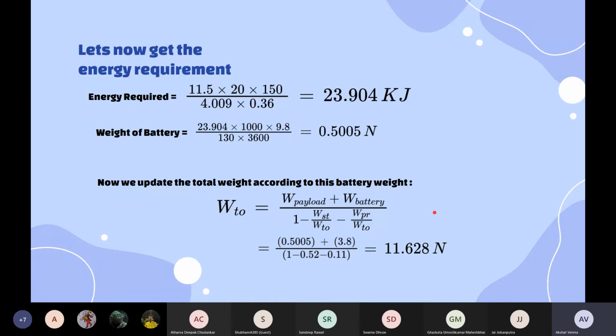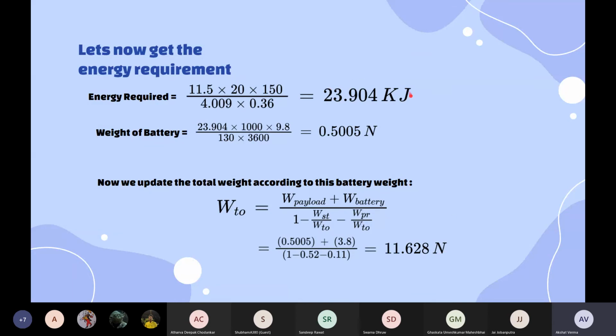And now the iteration process will continue. We will get this as the initial weight of our aircraft. We will put this in this equation for energy requirement, we will get another weight of the battery, and then again we will get the total weight. So this way the process will go on. And we'll also discuss how much time we have to spend on all this process, because otherwise it will be a never ending process.